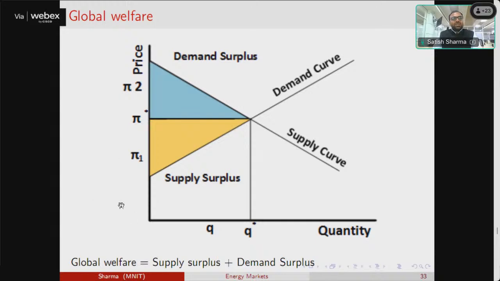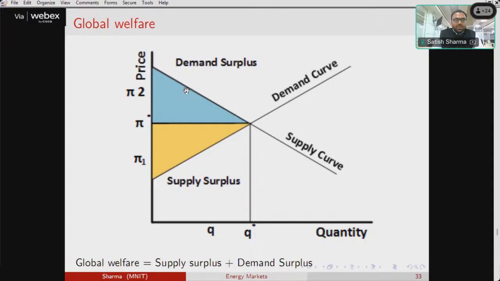Okay, so if you see here, you can see two triangles in different colors, blue and yellowish. The upper triangle is the demand surplus, and the lower triangle is your supply surplus.